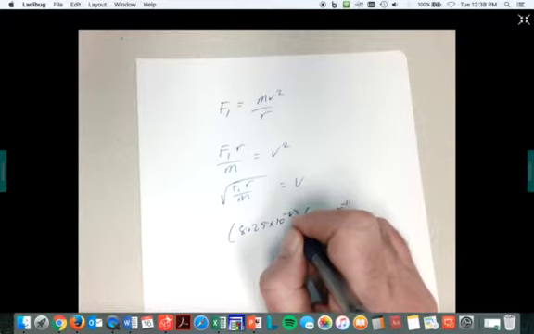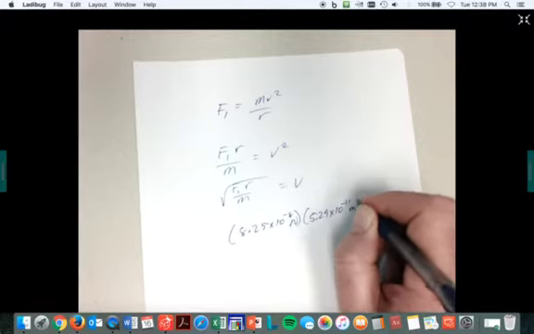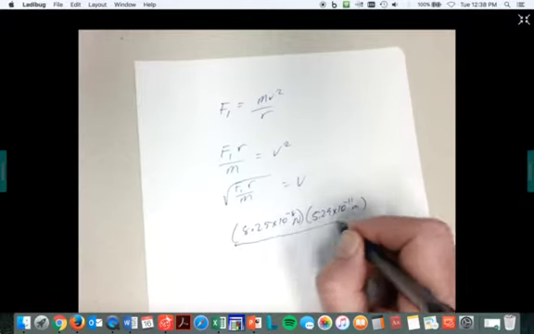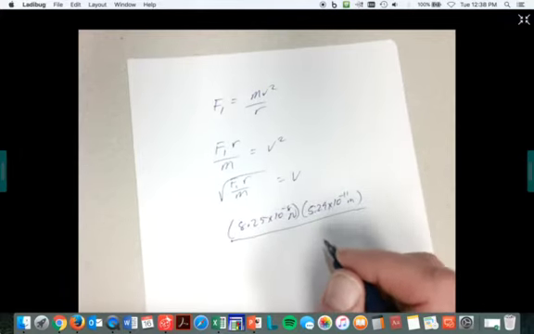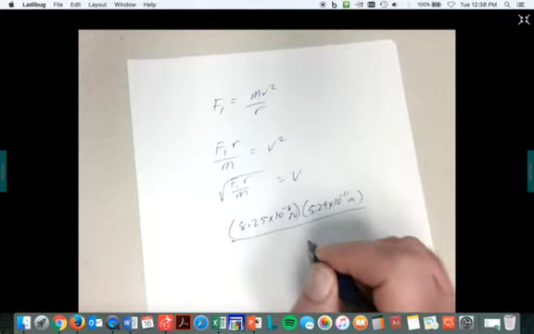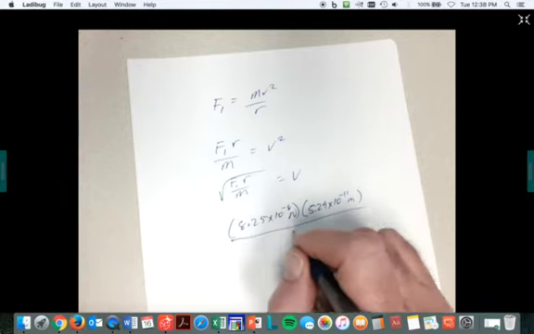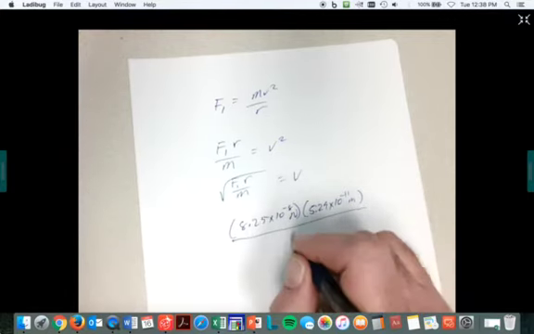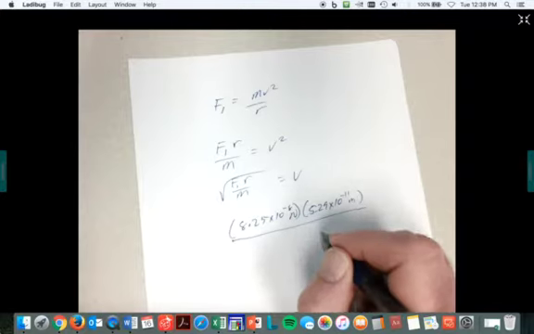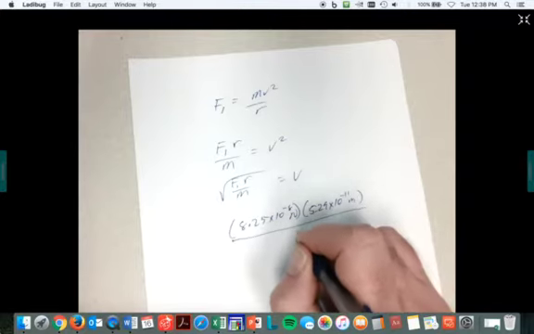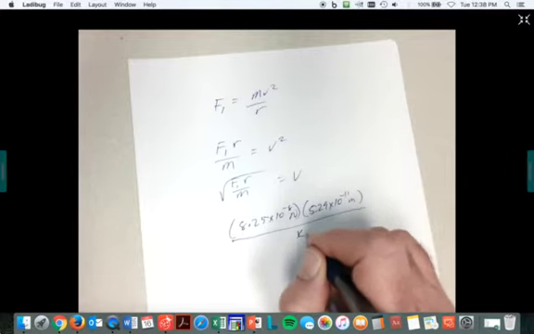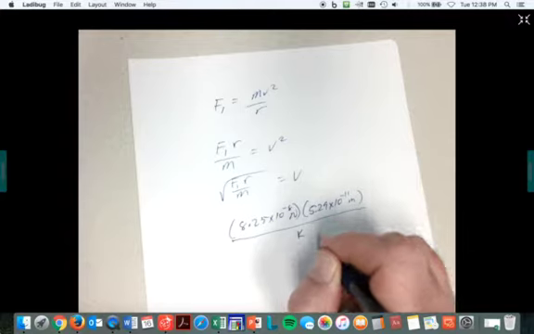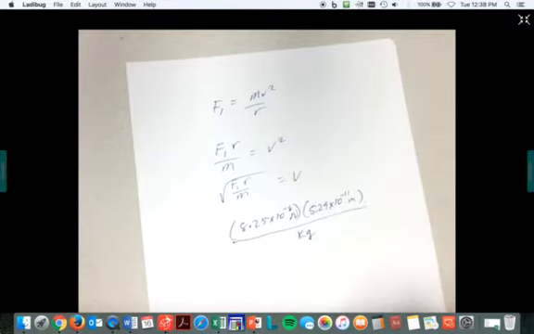And this is newtons. This is meters divided by the kilograms. And I should wind up with meters squared, newton squared, divided by the kilograms. Or meters squared per second squared, divided by kilograms. And that should work.